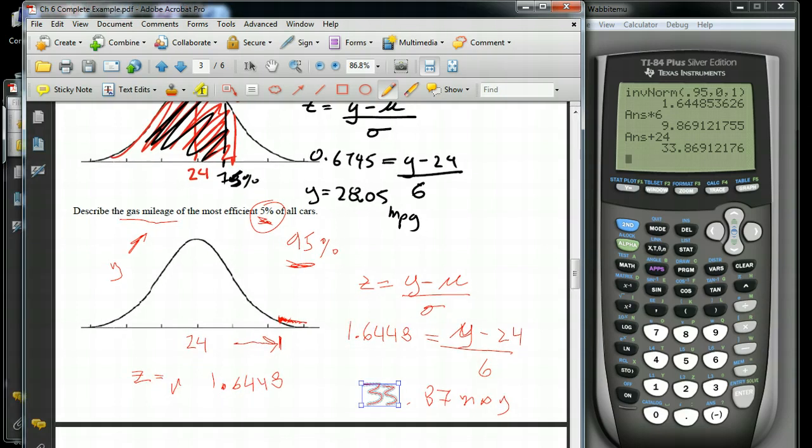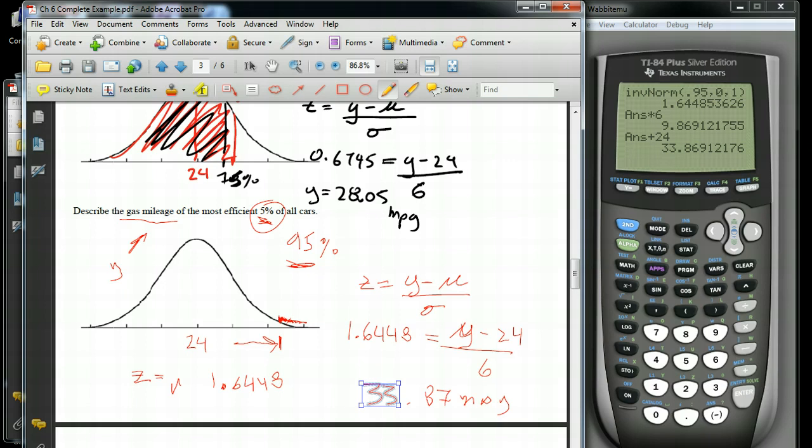Okay, so let me answer that in full here. According to our normal model. Okay, that sentence is really important. You're saying that our data follows the normal model, and we can use this bell-shaped curve here. So according to the normal model, the 95th percentile cars are described by having a gas mileage of 33.87 miles per gallon.